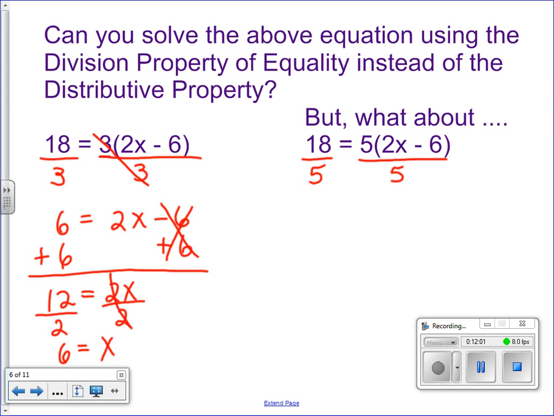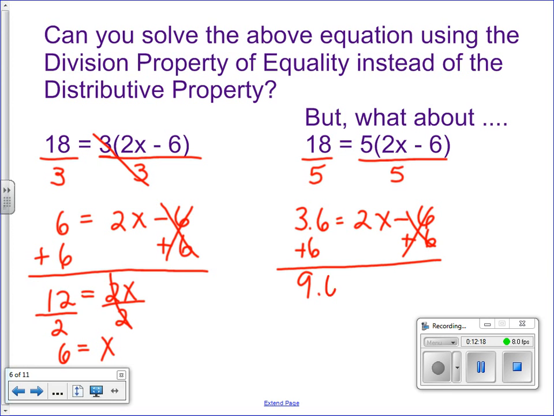And then on the right-hand side, I'm going to have 2x minus 6. I'm going to have to add 6. Oops, and I've got to be careful here. I have to add the 6 to the 3.6. 3.6 plus 6 is 9.6 is equal to 2x, and then divide by 2.